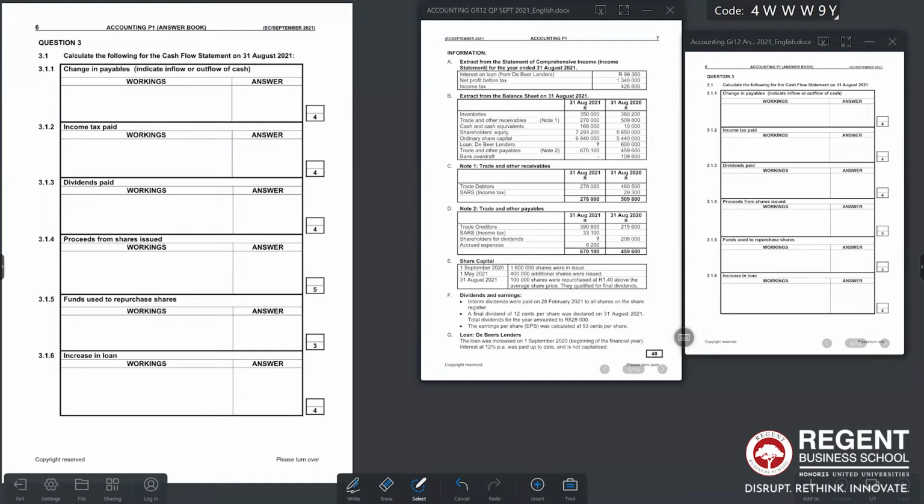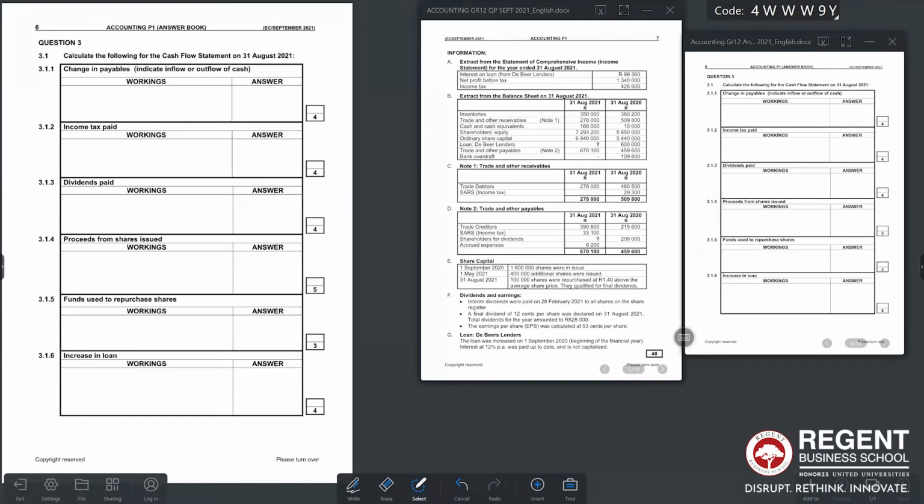Yes, it shows inflow and outflow of cash, how much money flows into the business and how it was utilized. Keywords: the money that came in, what happened to it, how it was spent.